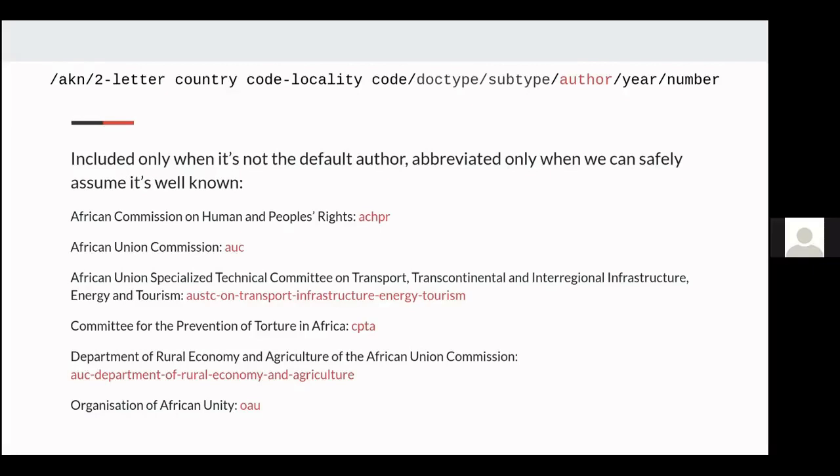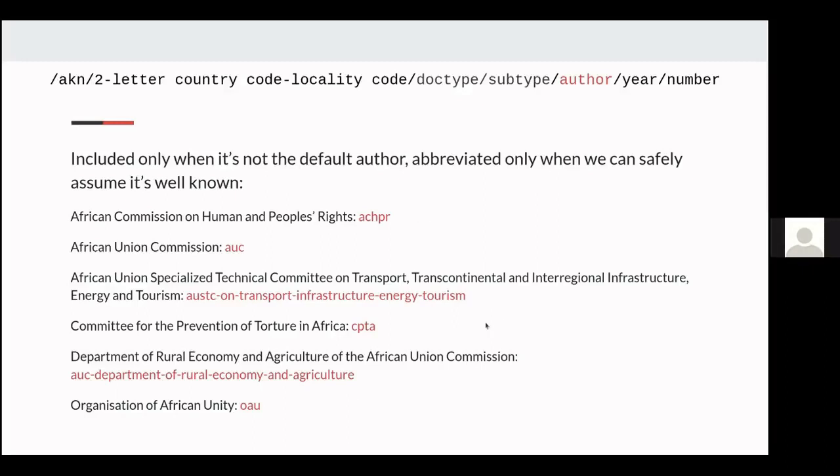But at the African Union, the committee is the default author, but the Commission on Human and People's Rights also authors quite a lot of their documents. So there we would include the abbreviated form of that body as the author, to distinguish it from the default.